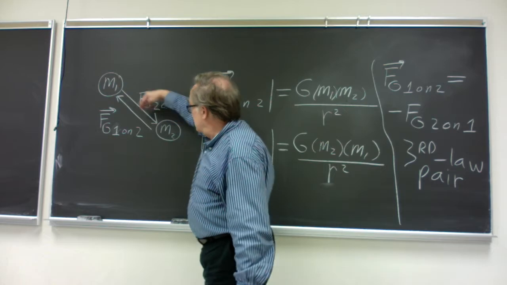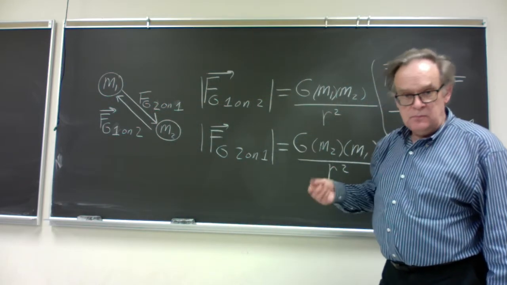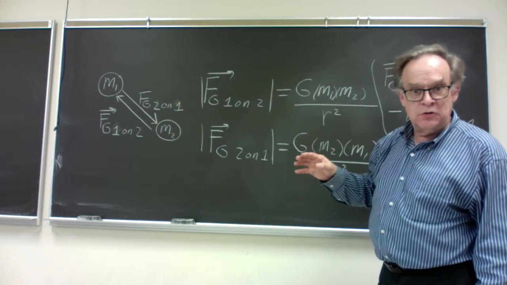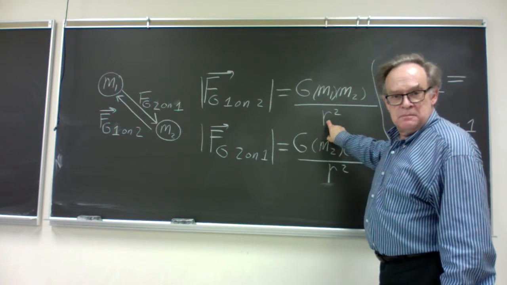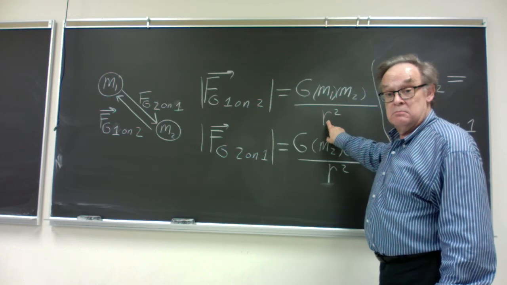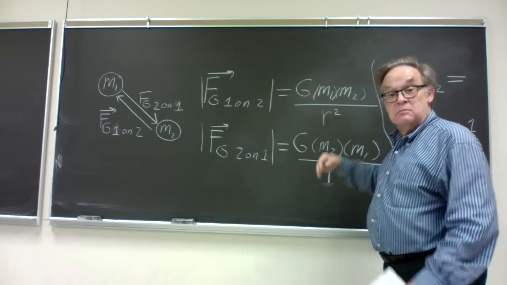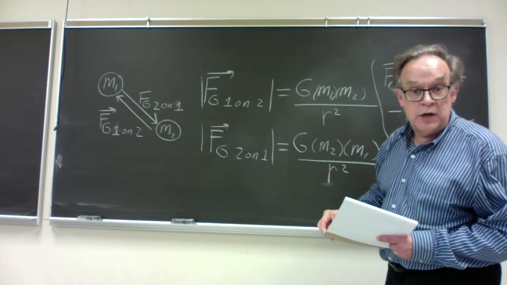Often it's called r because sometimes we'll be dealing with circular situations, but this isn't necessarily a radius. This is always the distance between the two masses. And in some circumstances, it will amount to the same thing as a radius.